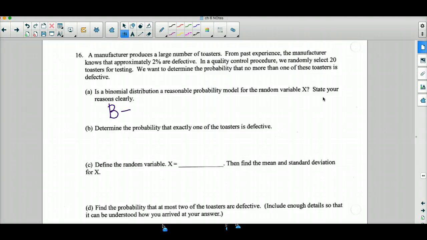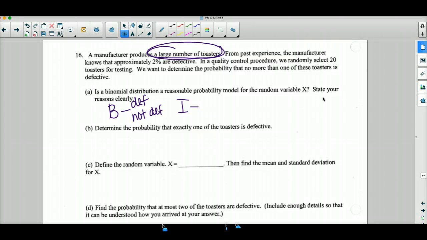What 2 options do we have? Defective, not defective. Well, I'm pulling out toasters and I'm going to take out 20, but they told you that they make a large number of toasters.